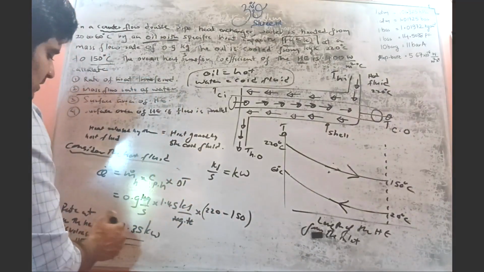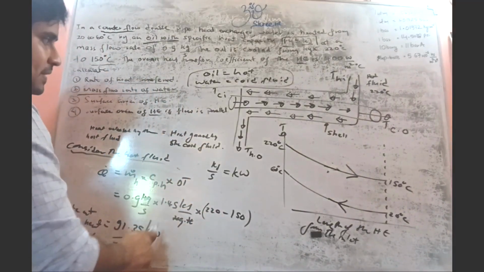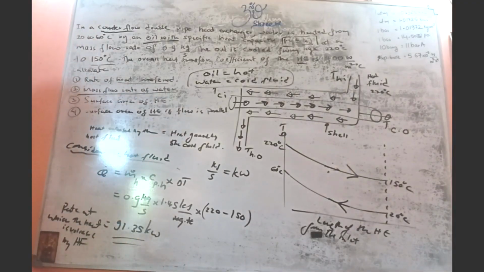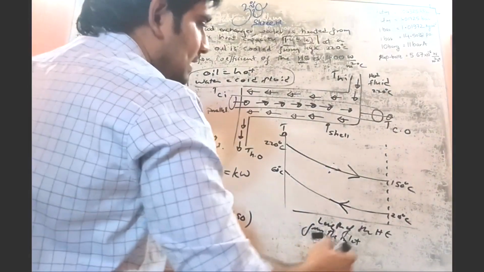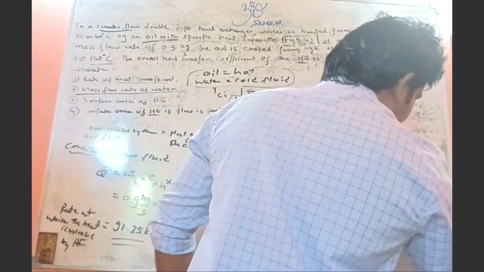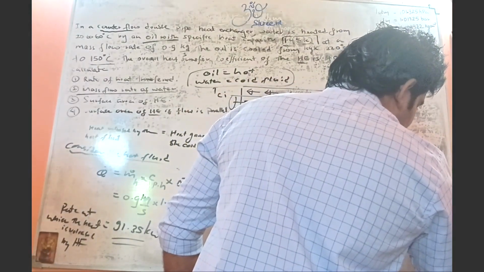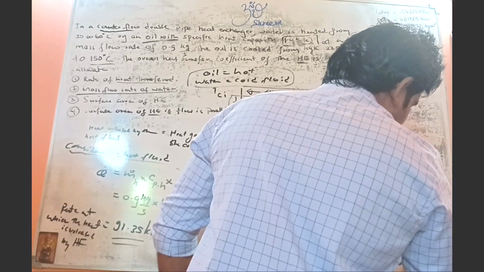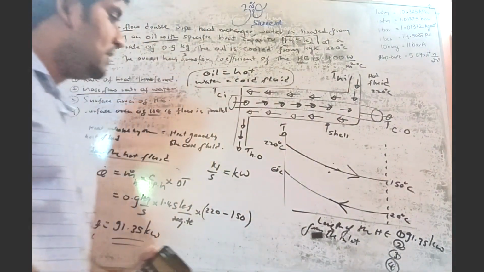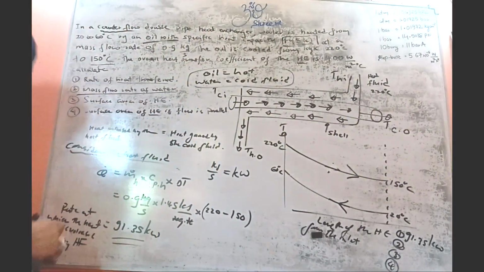The answer to the first part is 91.35 kilowatts. Let's better write these values somewhere else because I need space. So 91.35 kilowatts is the answer to the first part.